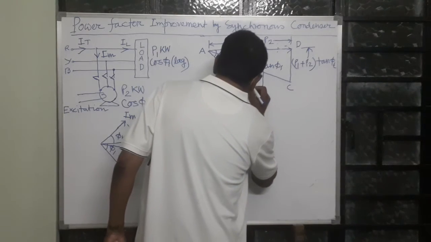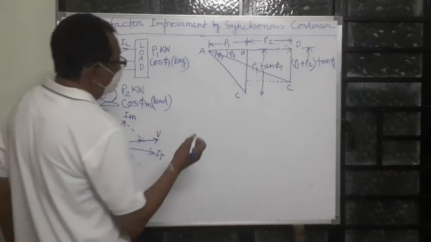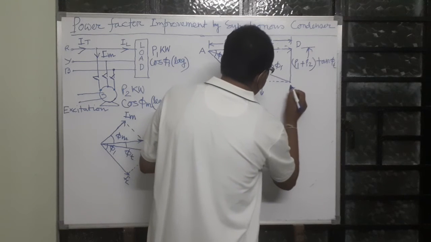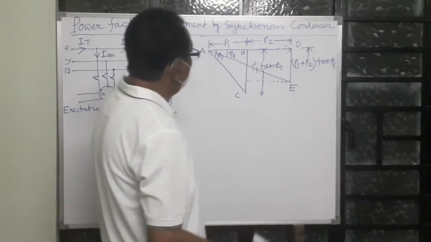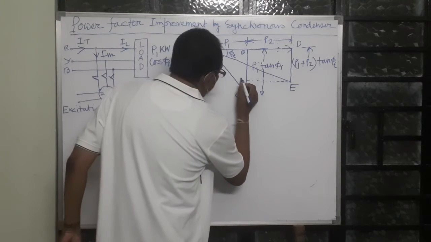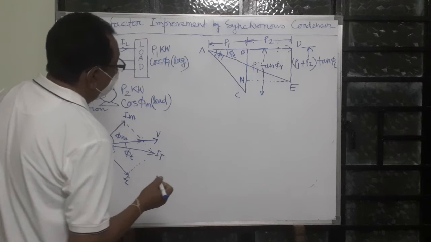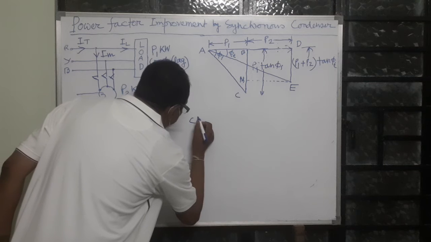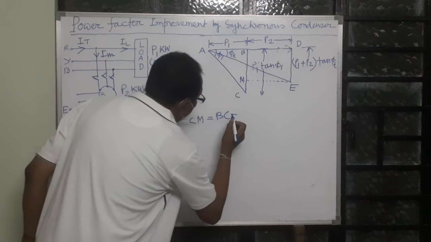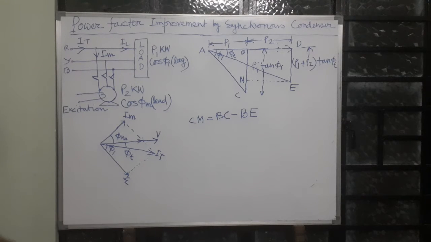Now if I draw a dotted line, points A, B, C, D: DE is (P1 plus P2) tan phi t, right? Now suppose this point is M. So CM is equal to BC minus BE.